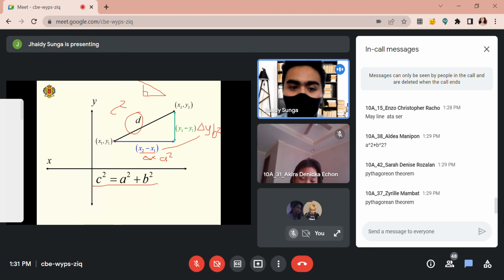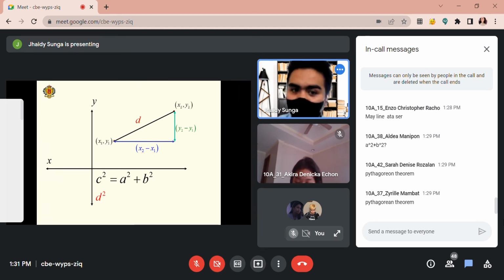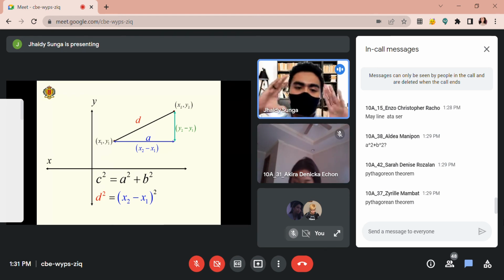In finding the distance, we will have d squared equal to the quantity x sub 2 minus x sub 1, raised to 2, plus the quantity y sub 2 minus y sub 1, squared.